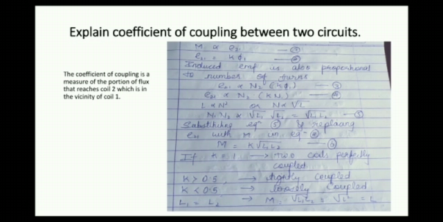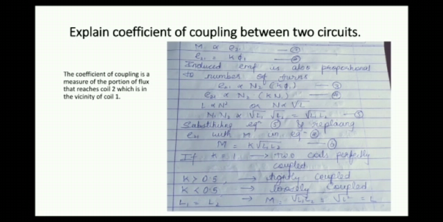But induced EMF is also proportional to the number of turns in the coil. E21 is directly proportional to N2 into K phi 1, termed as equation number 3. E21 is directly proportional to N2 into K into N1, that is equation number 4.